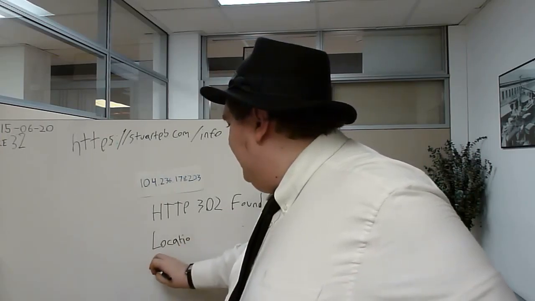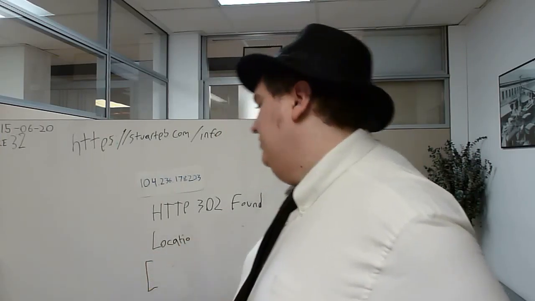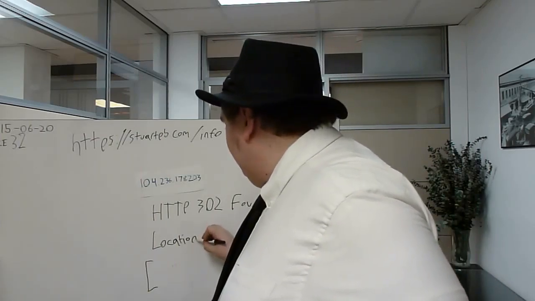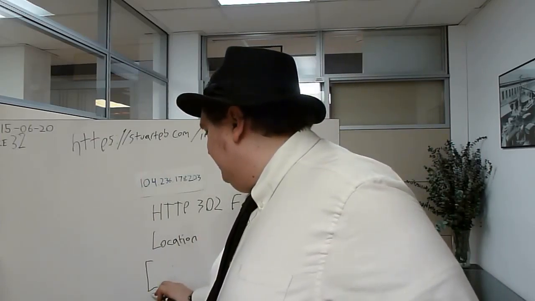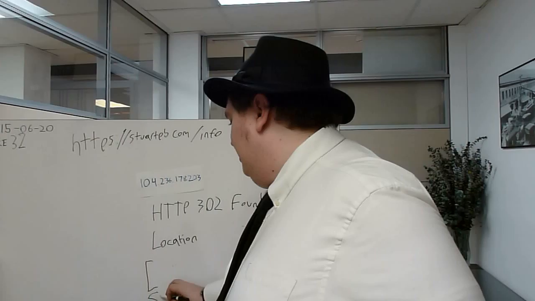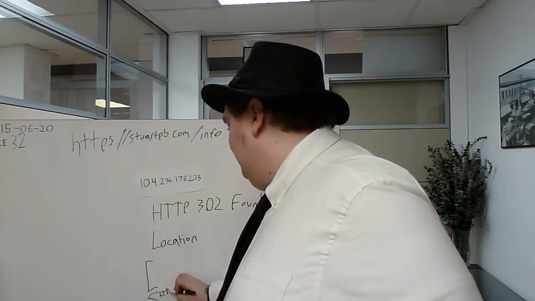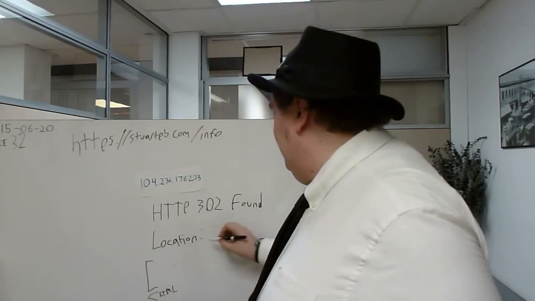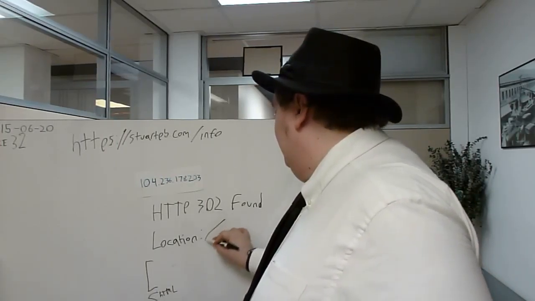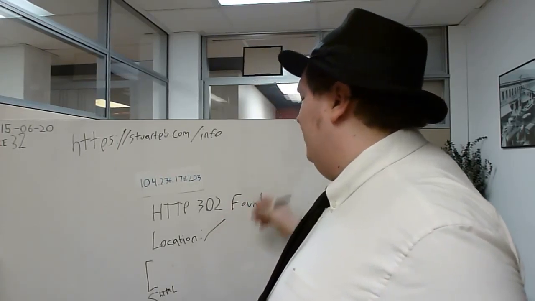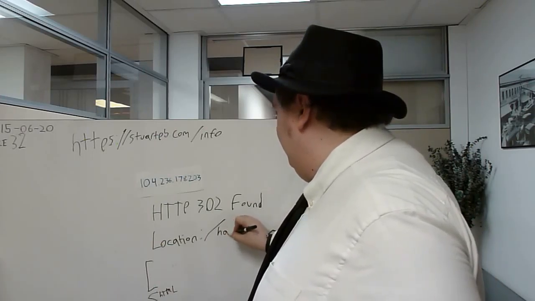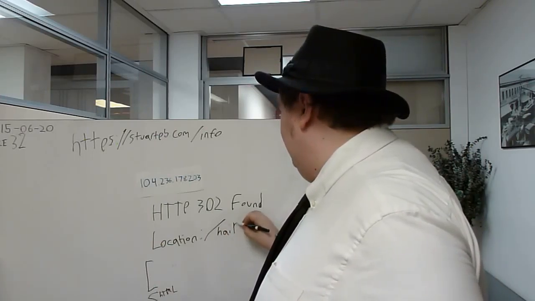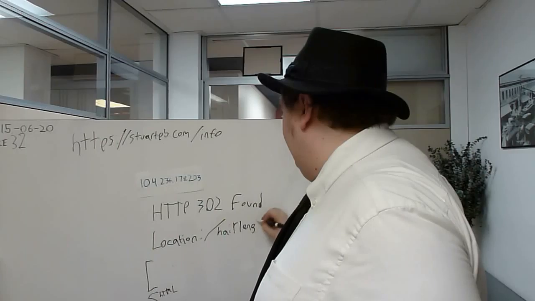There's a blank line between the headers and the body. So if it was going to tell you you are being redirected, it would put all that HTML after a blank line. And then it would say Location, like if I moved info to hair length, I would say Location: /hairlength.